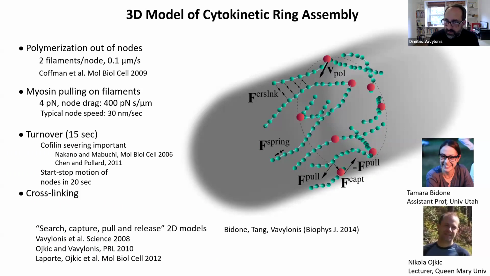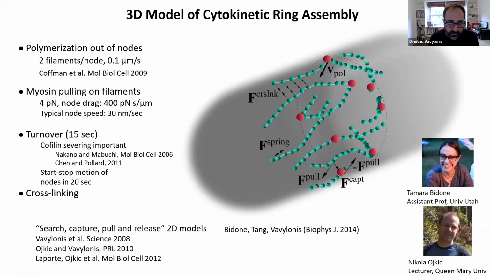This is work with Tamara Bidone and Nikola Ojkic, where we created a Brownian dynamic simulation of nodes, here simulated as point particles, that have this ability to create actin by polymerization, pull on the actin by motor forces, and then the actin also can link to other actins through cross-linking by proteins such as alpha-actinin that these cells have.